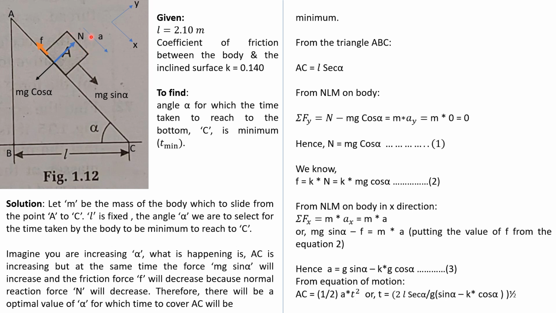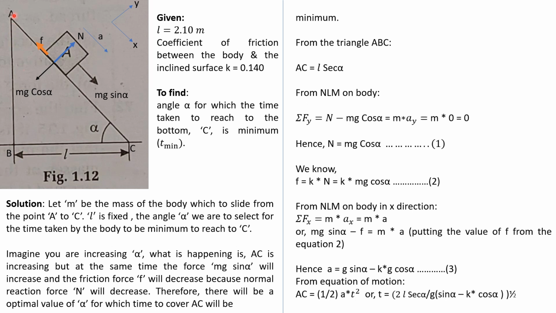But you know that the friction force when the object slides on the surface is equal to the coefficient of friction between the surfaces and the normal reaction force, so k into N. So mg cos alpha is decreasing, so the friction force will also decrease. So we have to find now alpha.